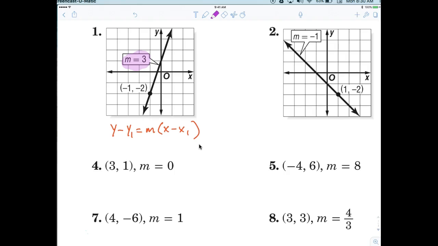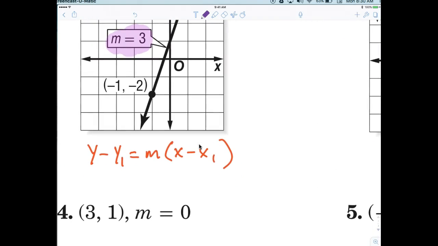But we could go up 3 and over 1. Is everybody happy with that? And what point does it go through? -1, -2. Does everybody see that? This right here is what I'm telling you is x1, y1. The point that the graph goes through, that's the point we're going to use.